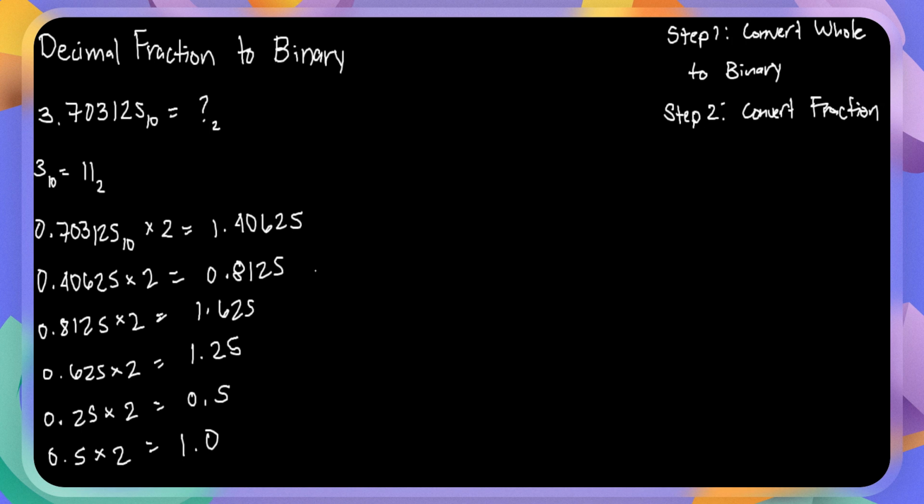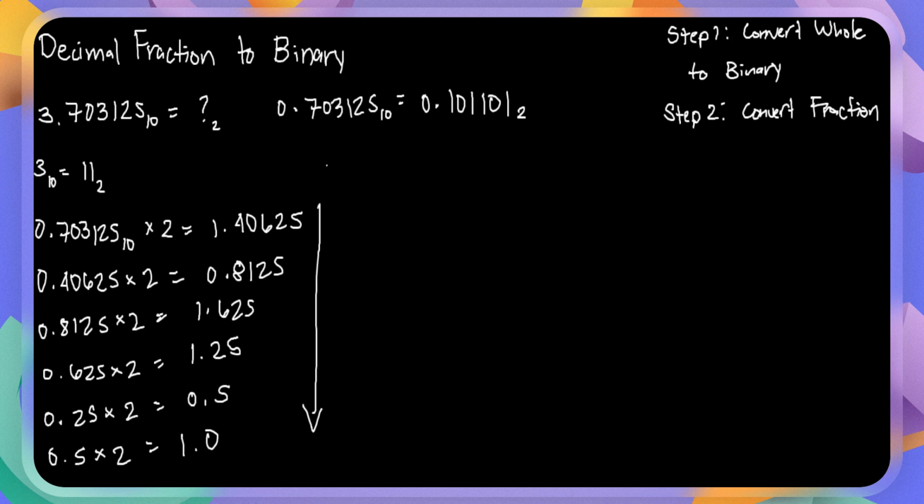Now, in regular decimal to binary, we would get the ones and zeros from the bottom to top, but in the fraction form, we get it from top to bottom. So that means 0.703125 is equal to, well, I'll write it like this, 0.101101.